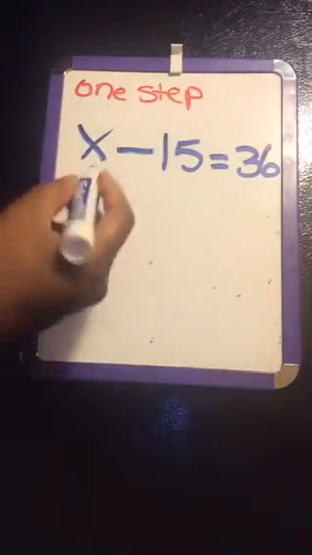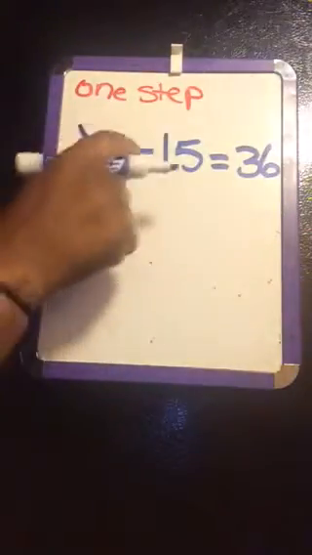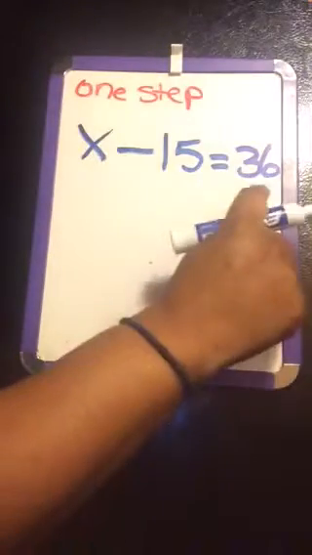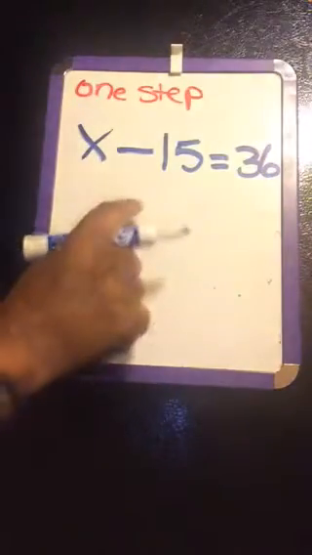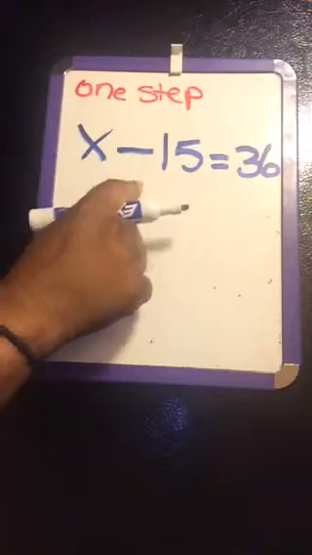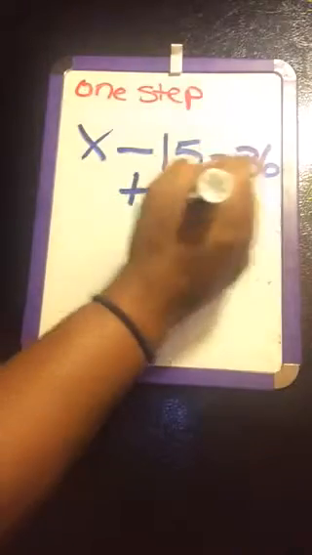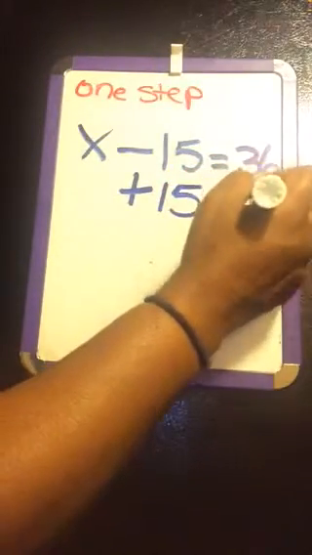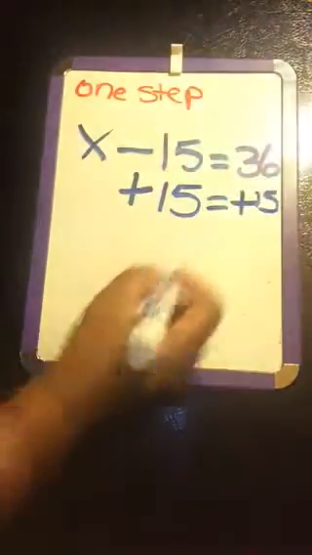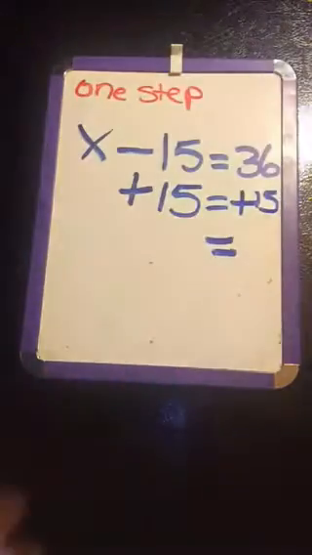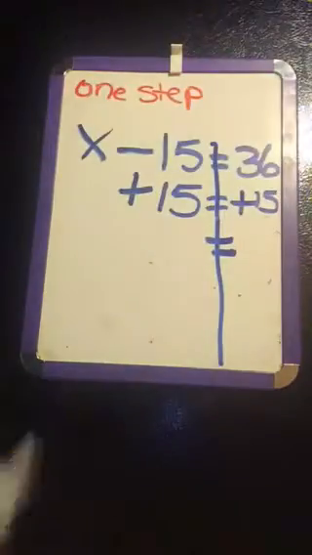We want to get the variables on this side, the same thing that we did in the last one. So in order to get this, since this is negative, we're going to have to add. Because we can't subtract 15, because that's not going to work, because we have to cancel the 15 out on this side. So we add 15. Okay? And I always put the equal signs and I put a line through it so we don't get things confused.